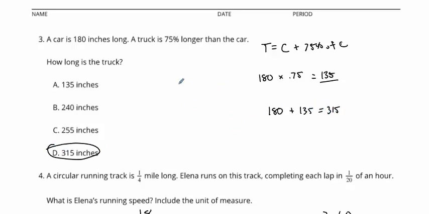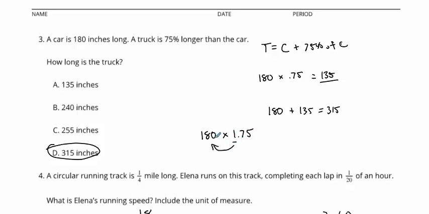Another way to look at this, instead of 75% of 180 and then adding it, you can do it all in one operation. You could take 180 times 1.75. So this 1 represents the whole length of the car, right?